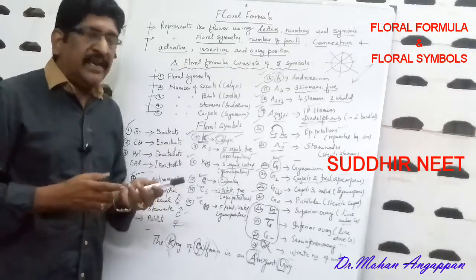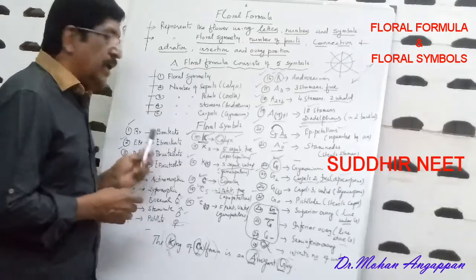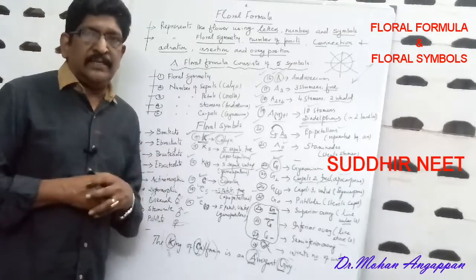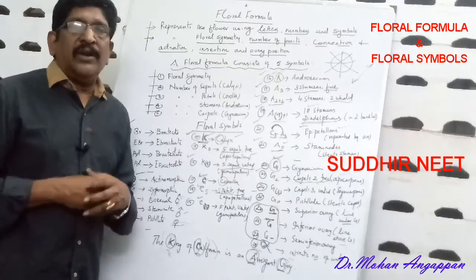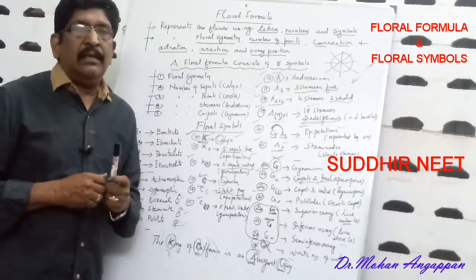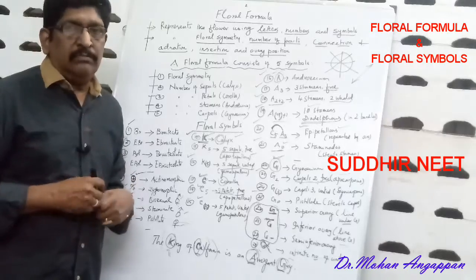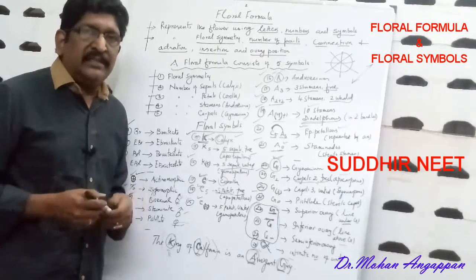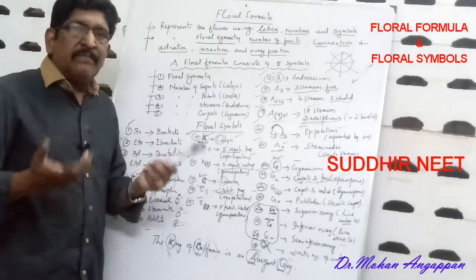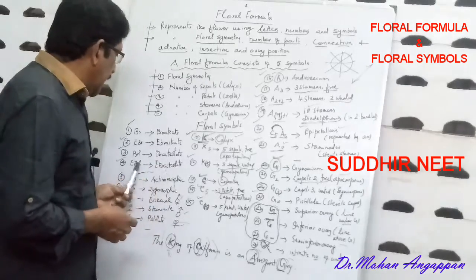If it is absent, it is ebracteate, symbol EBR. Third one, bracteolate. What do you mean by bracteole? The leaf-like structure present on the pedicel is called a bracteole. If it is present, that is bracteolate, symbol BRL. If it is absent, ebracteolate, EBRL.